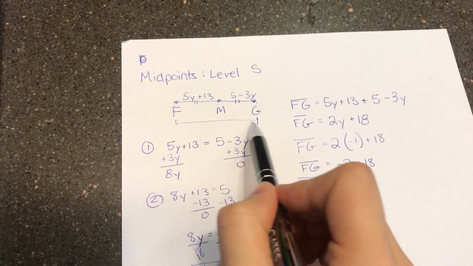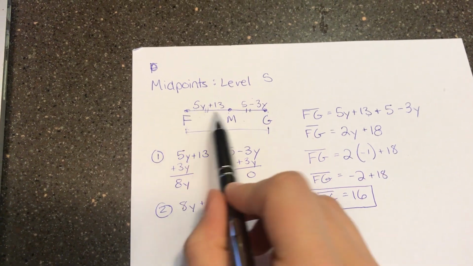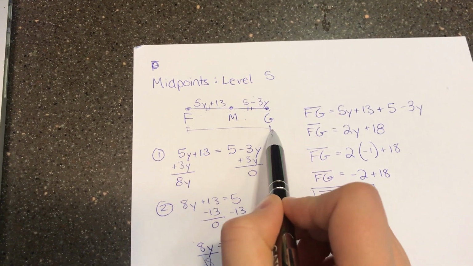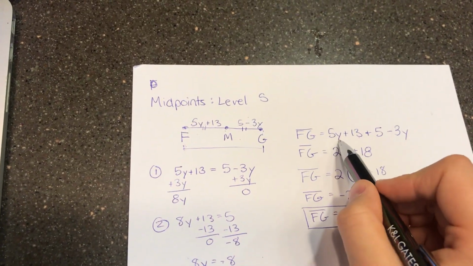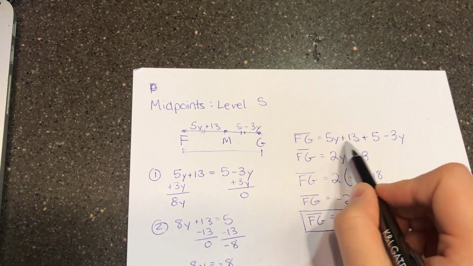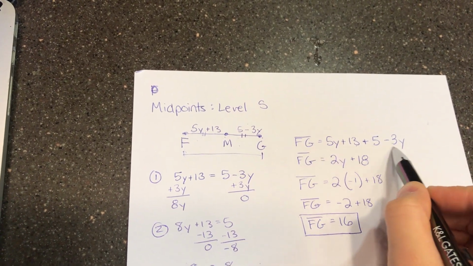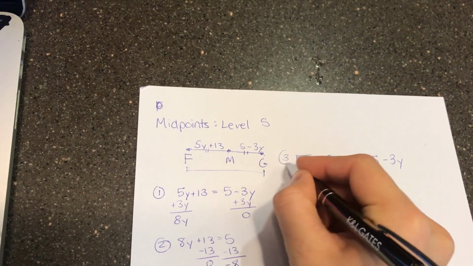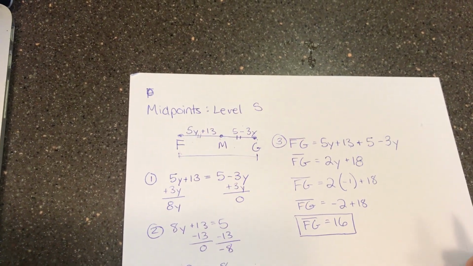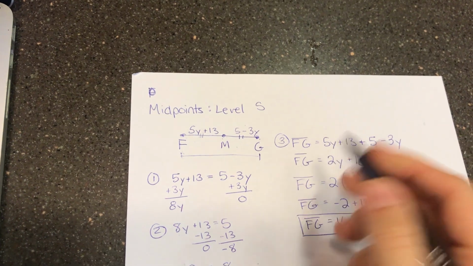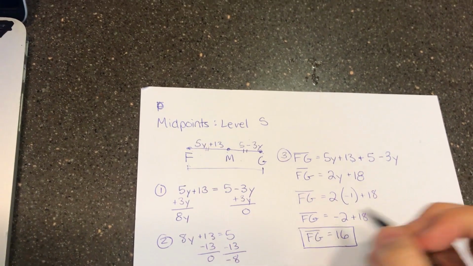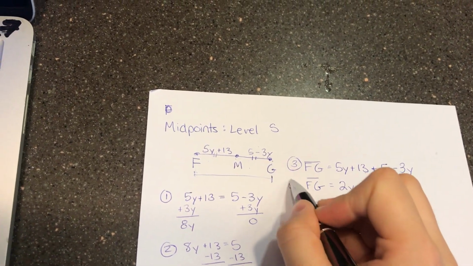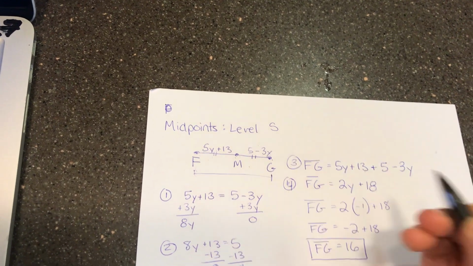Then I'm looking for FG, and I know this plus this equals the whole length. So that's what I did here. FM plus MG equals the whole thing. That's step 3. Okay, and then I solve for my answer. So 4 is combine like terms and solve.